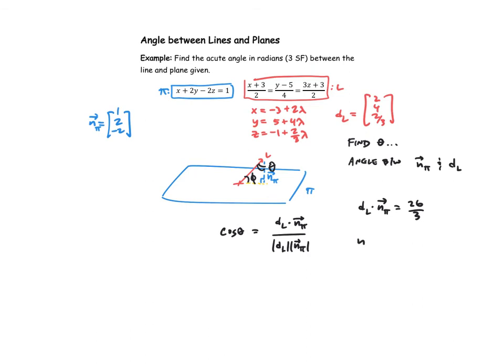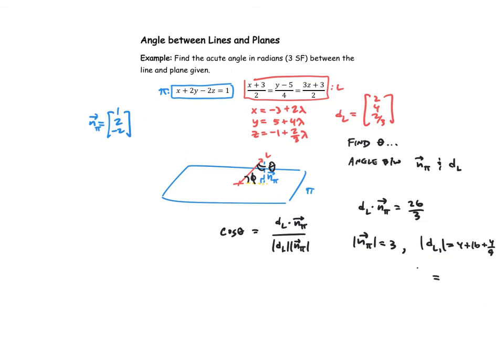All right, we need the magnitude of the normal vector. That's going to be 1 squared plus 2 squared plus 2 squared, which is 9. The square root of that will be 3. Now the magnitude of the direction vector of L. I'm going to square each of the components. 2 squared is 4, 4 squared is 16, and 2/3 squared is 4/9.